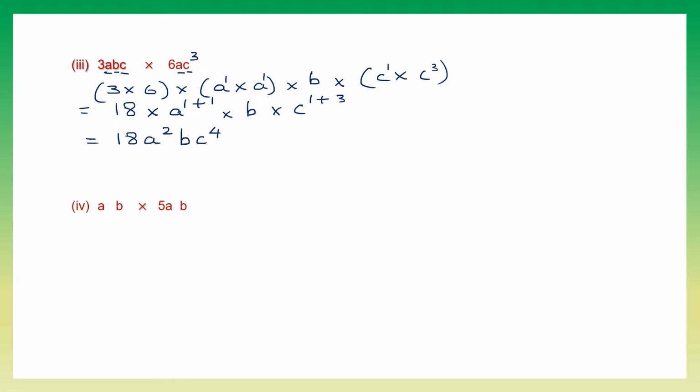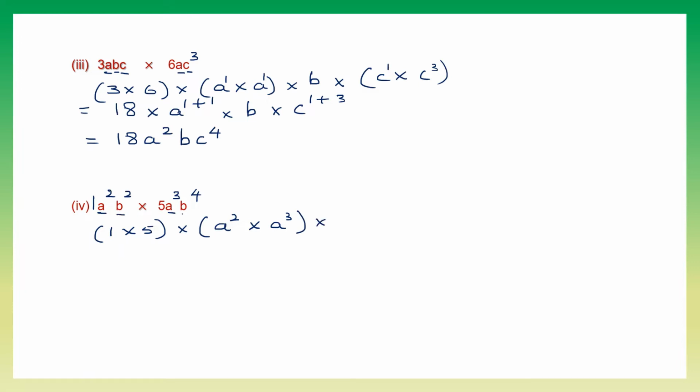Question 4. A square b square into 5a cubed b to the power of 4. Okay, so here the number is 1. So if we take the numbers, it is 1 into 5 into, let's take only a. Here we have a square and a cubed. A square into a cubed into, let's take the b's.